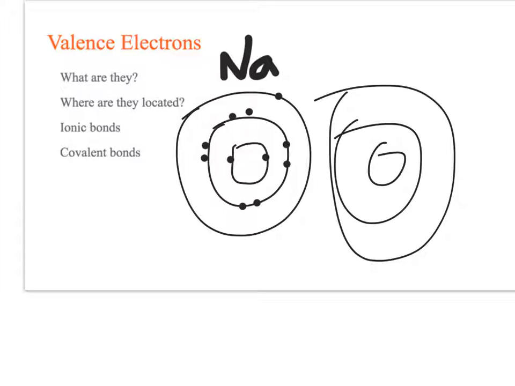And then chlorine, you have 1, 2, 3, 4, 5, 6, 7, 8, 9, 10, 11, 12, 13, 14, 15, 16, 17. And in ionic bonds, again, this electron will come over to this shell to complete the shell of chlorine, and then sodium, when in this bond, will no longer have the outside shell.